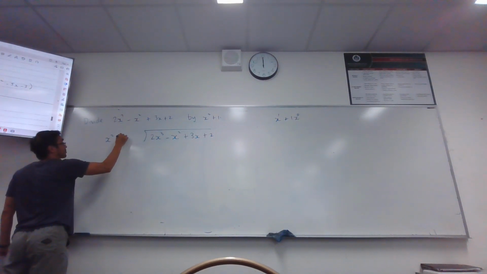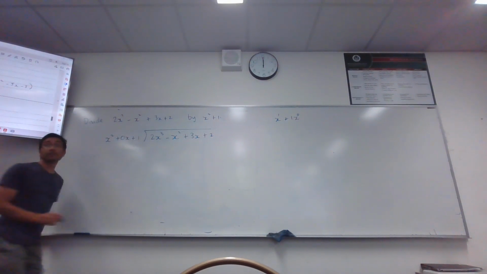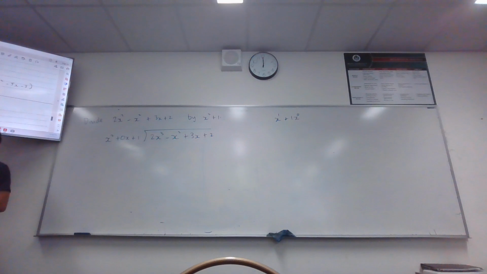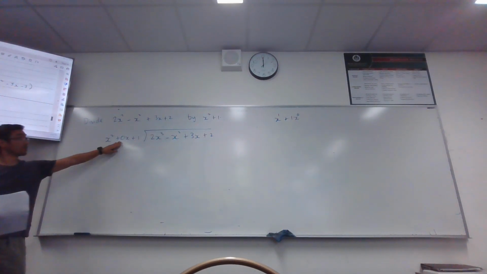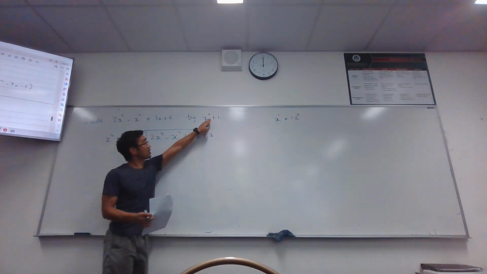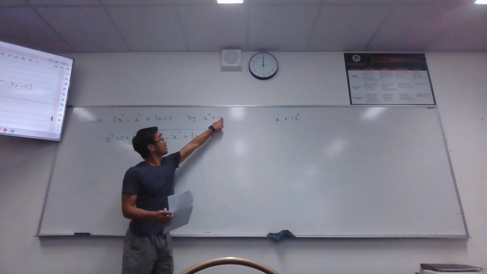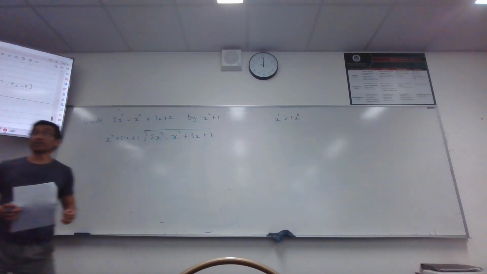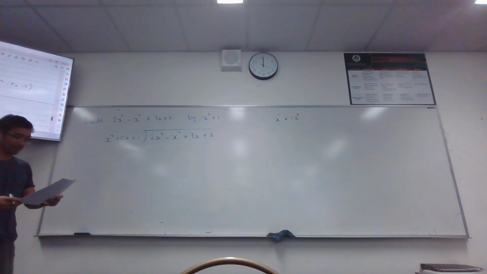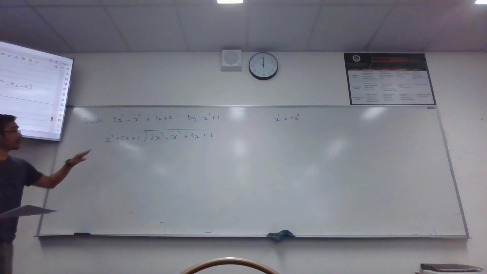We need to divide by this now, a 3 term. We're dividing by 3 terms with a 0 in the middle. And we only do this when there's a jump in power in what we're dividing by between the 2 terms. Otherwise we just keep going as before.